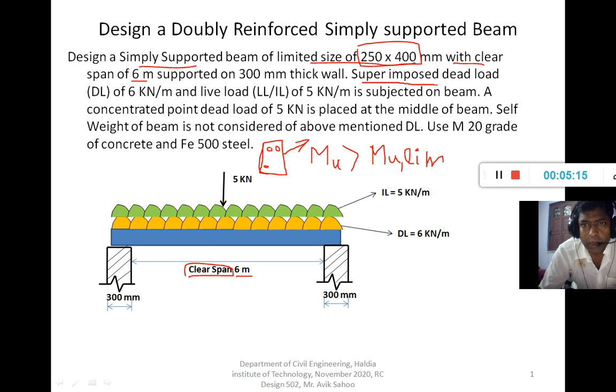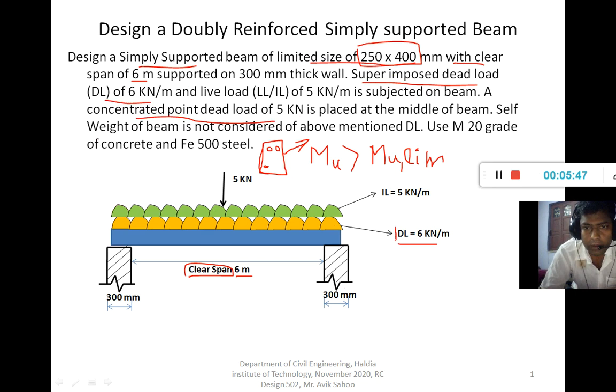Now the superimposed dead load UDL applied to the beam has magnitude 6 kilonewton per meter, and there is another concentrated point dead load of 5 kilonewton, which is applied at the middle of the beam.